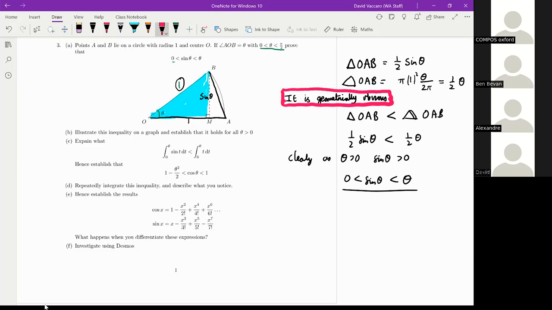So just to get people's brains warmed up, in the chat, try and give the most convincing explanation that you can of why the area of the triangle is less than the area of the sector, or alternatively, what geometric fact you think you would need to prove to establish that the area of the triangle was less than the area of the sector.